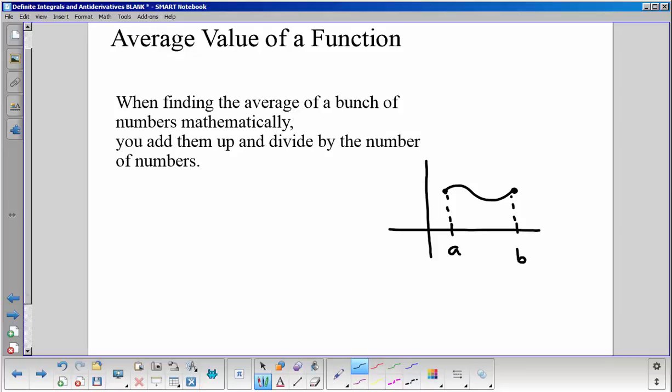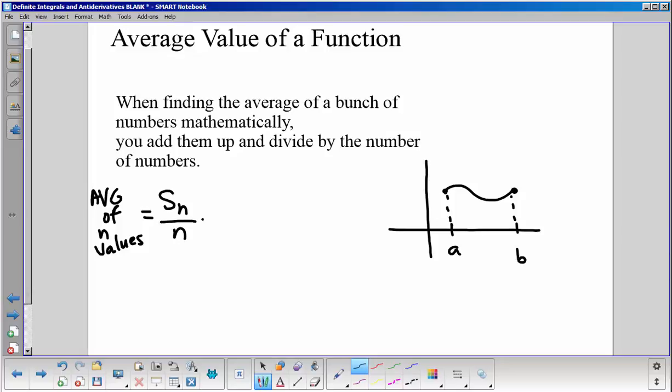Well, how many y values are there? Infinitely many. But let's not bite off more than we can chew. So let's add up n of them first, shall we? And we'll say that this is the average. We'll add them up and then divide by n. The average value of n of them is going to be the sum of all of the n values divided by n of them.